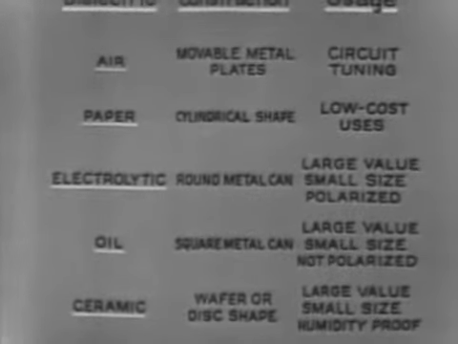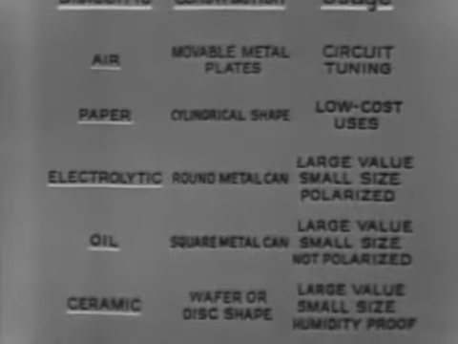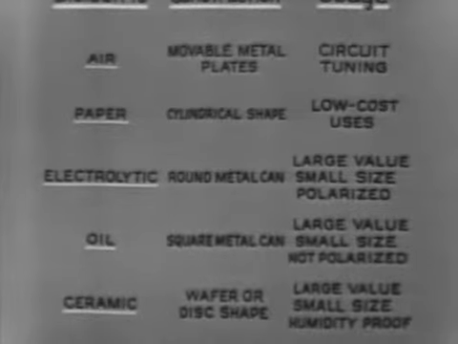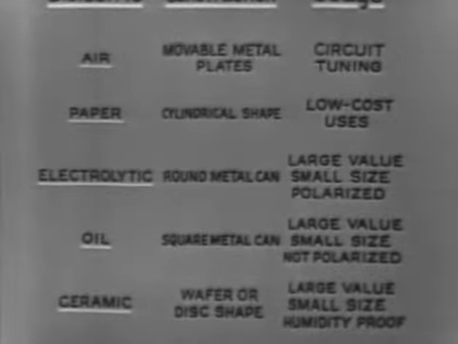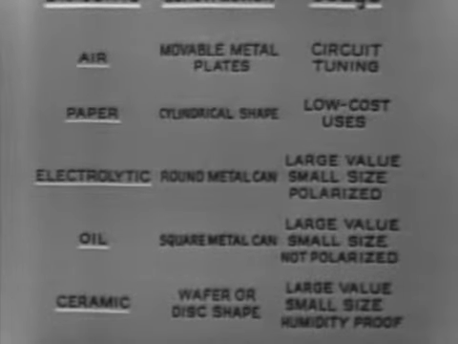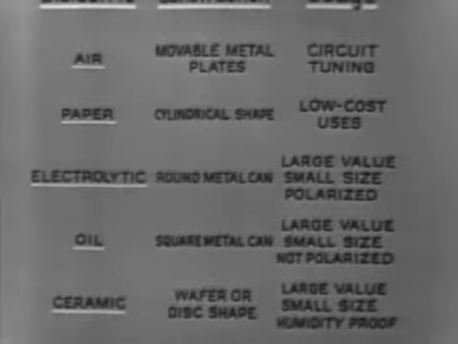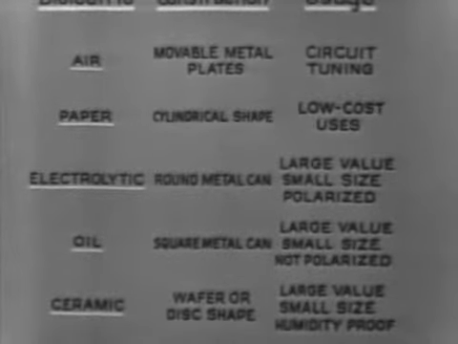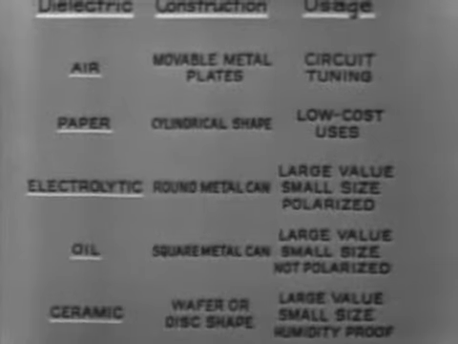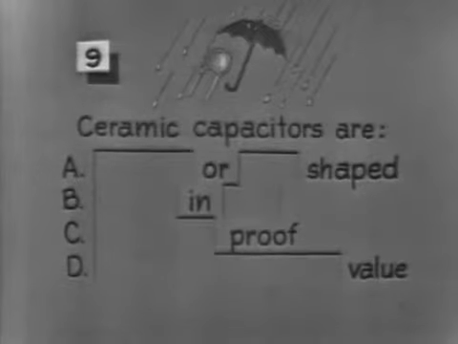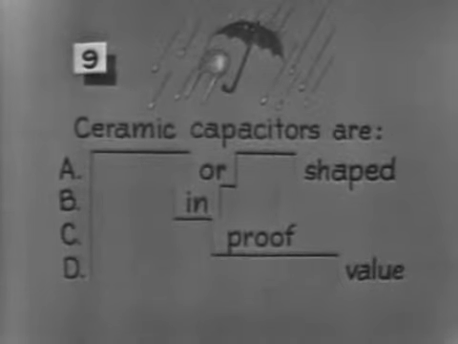Now we have discussed 5 different capacitors: air, paper, electrolytic, oil, and finally, the ceramic. The ceramic capacitor is wafer or disc-shaped, small in size, and has small capacitance, and is humidity-proof. Now complete number 9 on your response sheet.